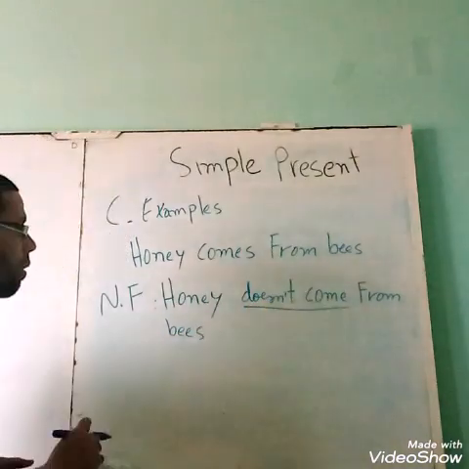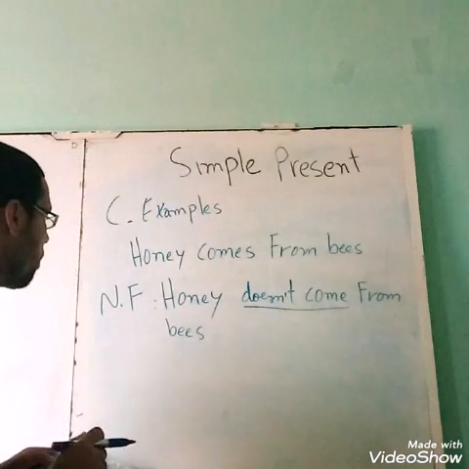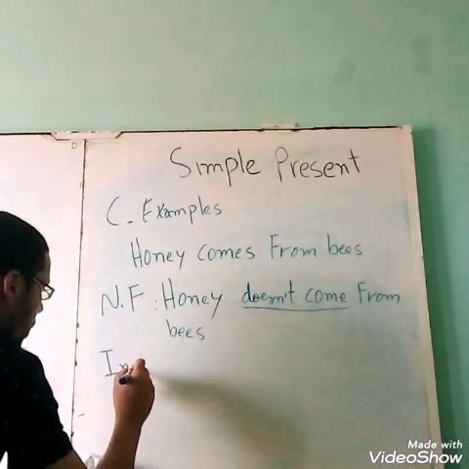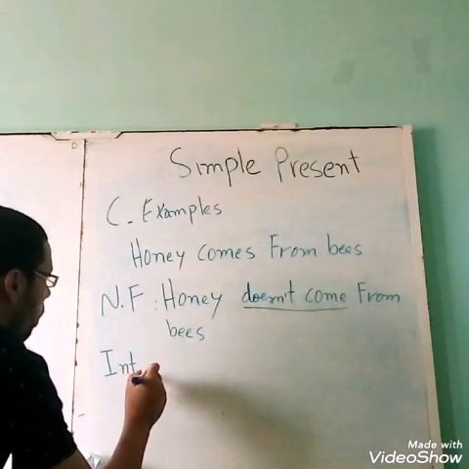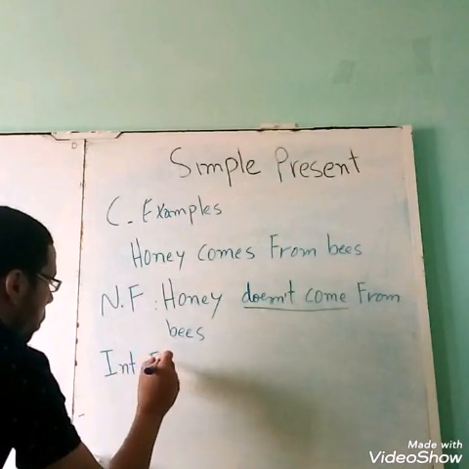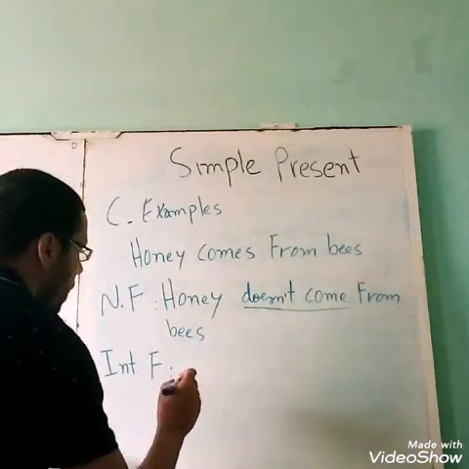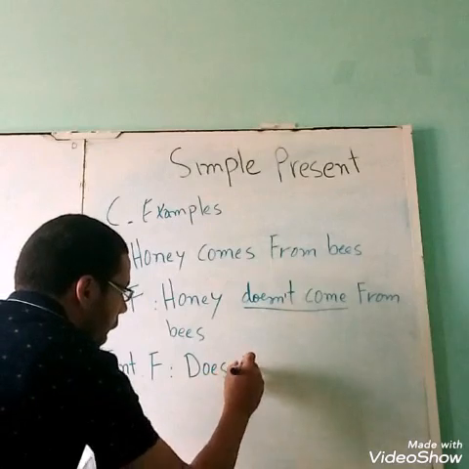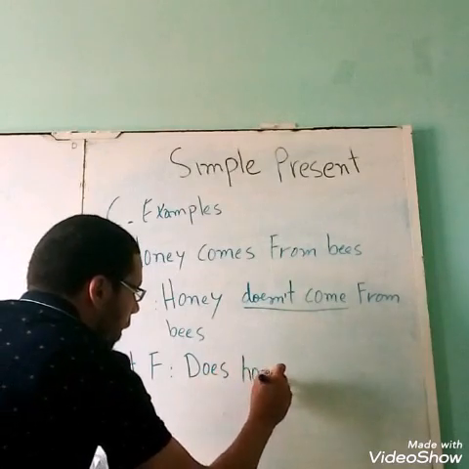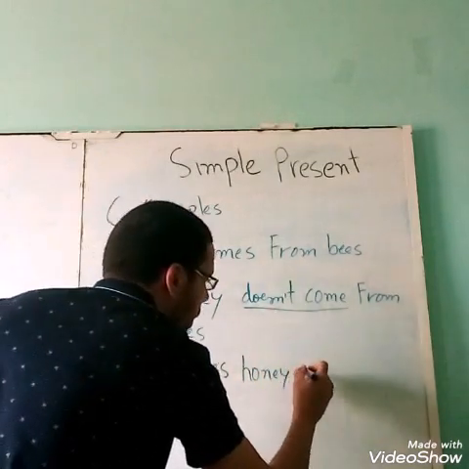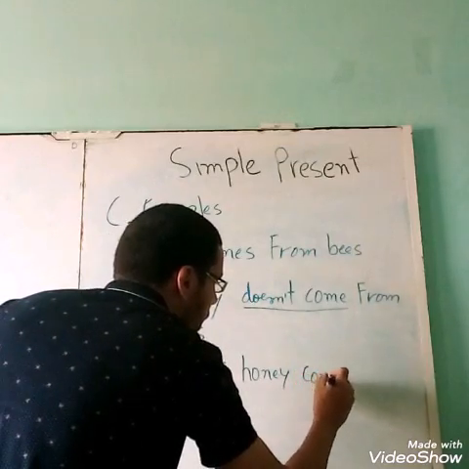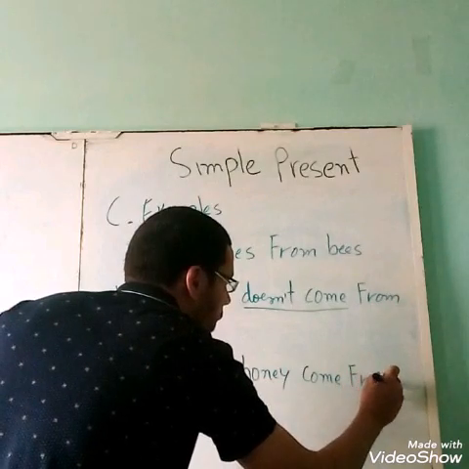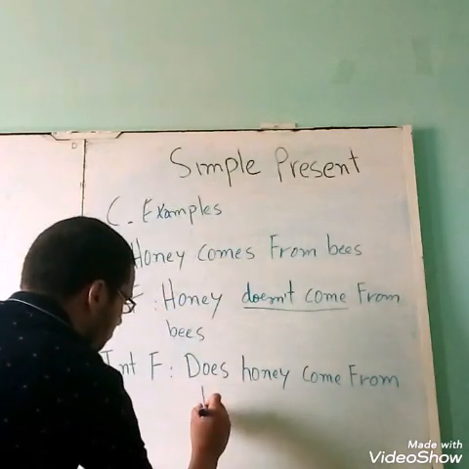In the interrogative form we should say: does honey come from bees?